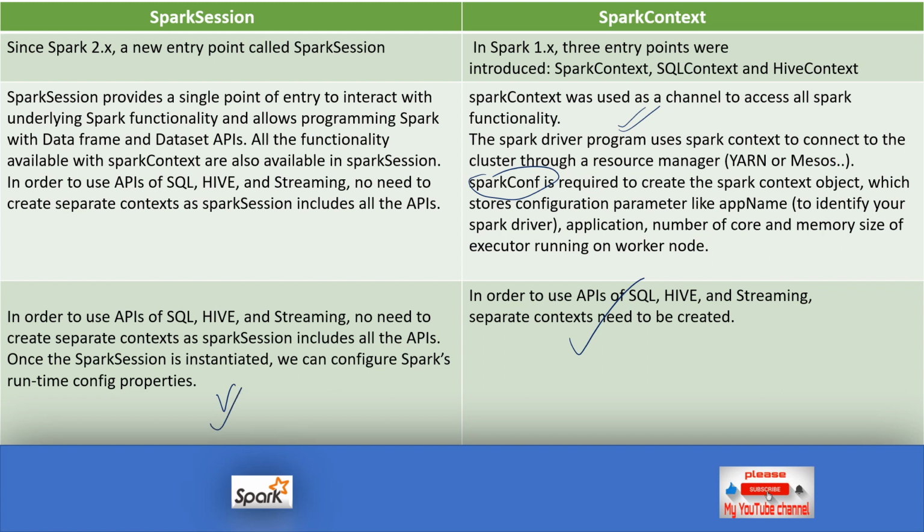If I summarize, SparkSession gives an interaction where multiple or concurrent users can leverage the same context. If they want to create different kinds of context, they don't need to do it the way it was happening in 1.x. So these are the major differences.